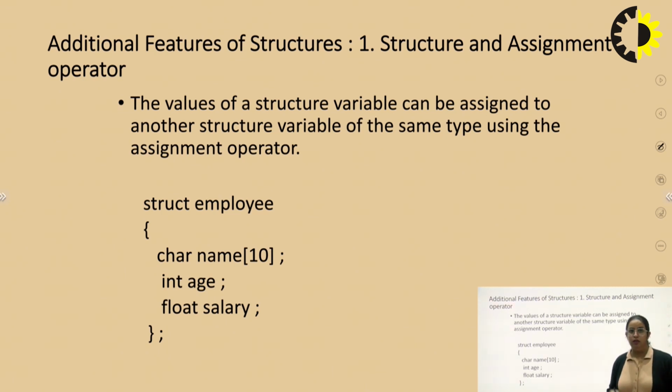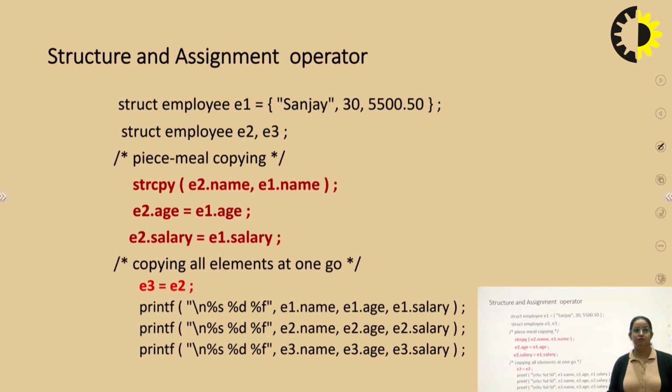This is an example: suppose we have some variables like E1, E2, E3, three employees, and if you want to store the first employee's value into the second employee, then you can do this with the help of the dot operator, like this.